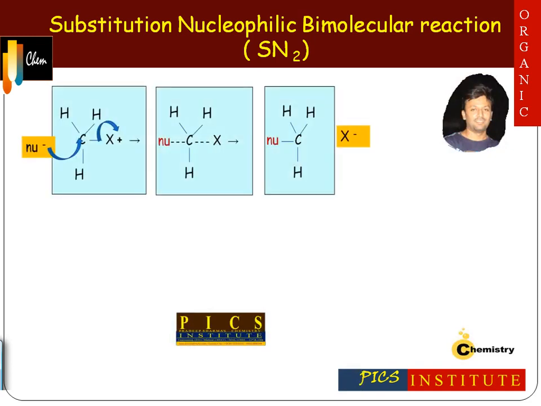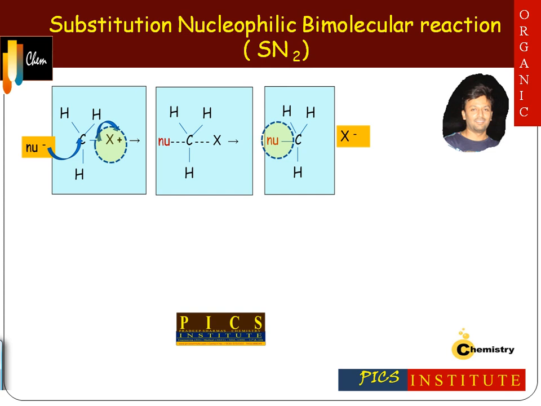Students, try to understand a few more points. As we see in the reactant molecule, the group X, that is the leaving group, is present towards the right-hand side, and in the product the nucleophilic group is present on the left-hand side.